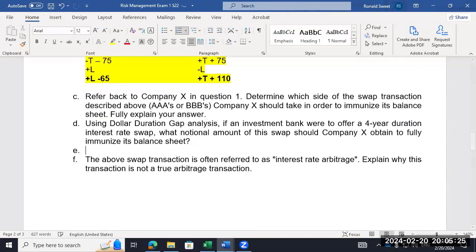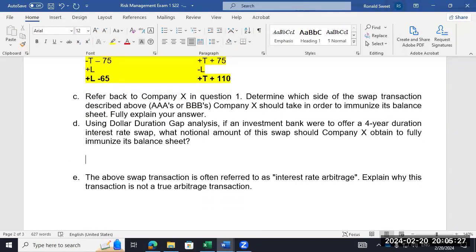All right, dollar duration gap, we won't calculate it, but what's the formula here? Duration of assets times dollar value of assets minus duration of liabilities times dollar value. And then you take all of that, and you divide by the duration of the swap, by 4.